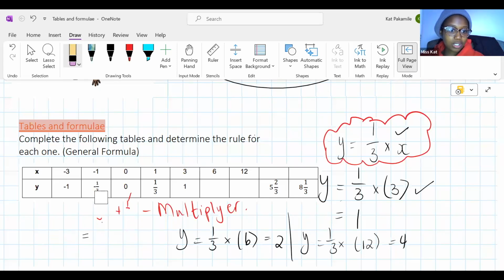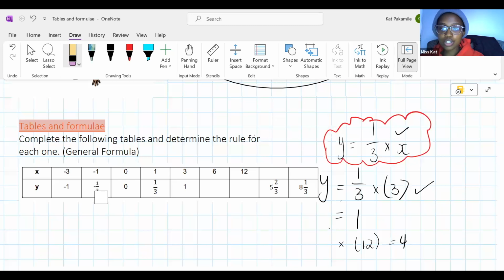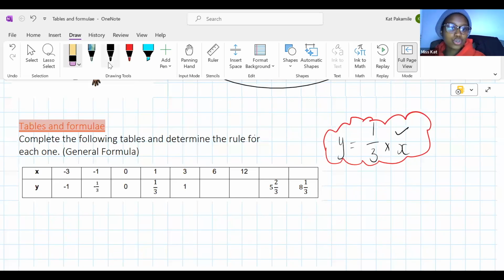I gave you a table, and I'm asking you to fill in the rest of the numbers that are missing from this table. But for you to do that, you have to find out what formula we are using. Remember previously we used a flow diagram that told you to multiply by this and then add that. We have to do the same here and find the formula that you use to fill in this table.